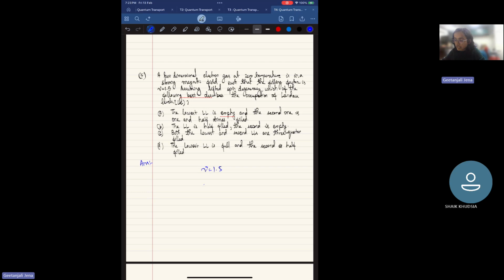Assuming spin degeneracy, which of the following best describes the occupation of the Landau levels? When nu is 1.5, is the lowest Landau level empty and the second one 1.5 times filled, or the Landau level half filled and the second one empty, or both the lowest and second Landau levels three-quarter filled, or the lowest Landau level full and the second one half? Which one of these do we mean by nu is 1.5?